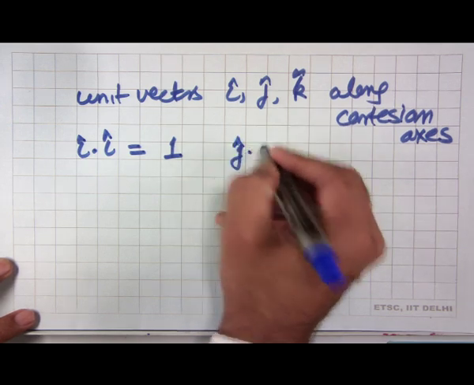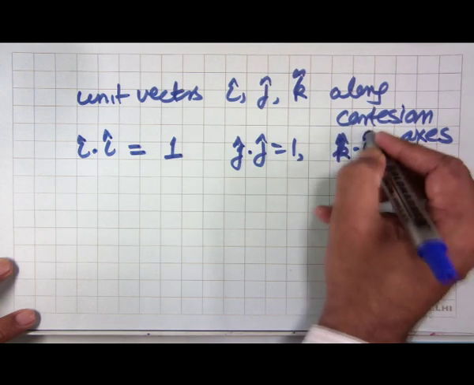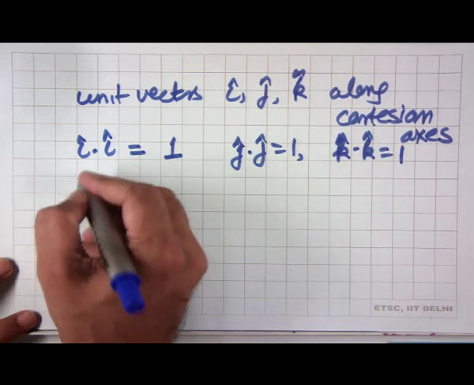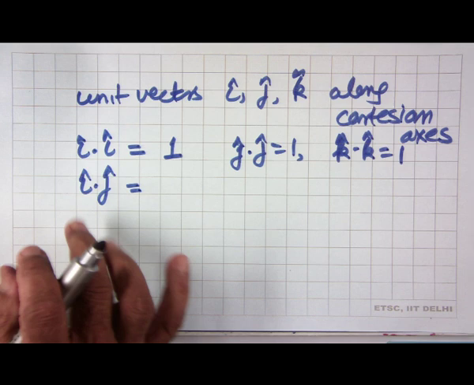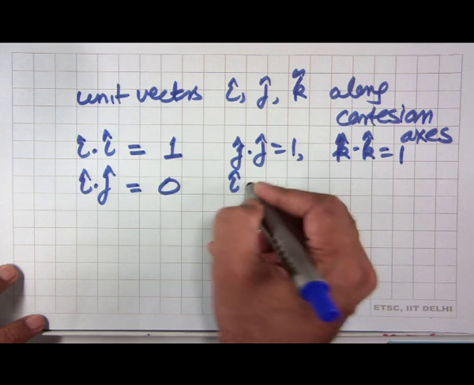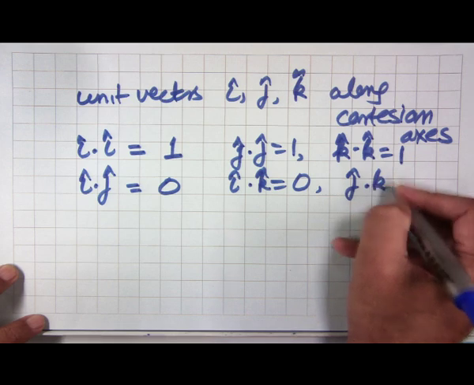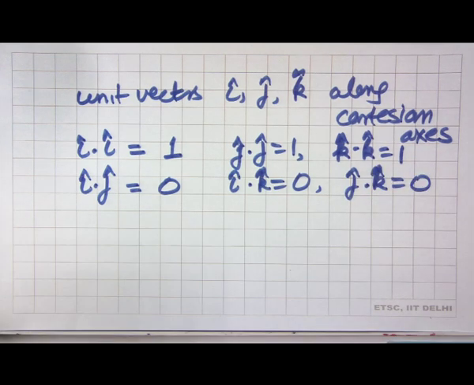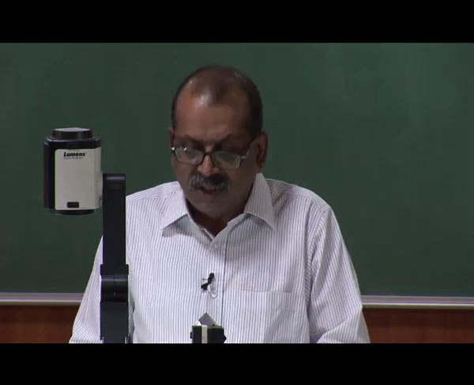Similarly, j dotted with j will be 1, and k dotted with k will also be 1. But i dotted with j will be equal to the cosine of the angle between i and j, so this will be 0, i dotted with k will be 0, and j dotted with k is equal to 0. Now this can be used to expand and write the dot product in a general way.